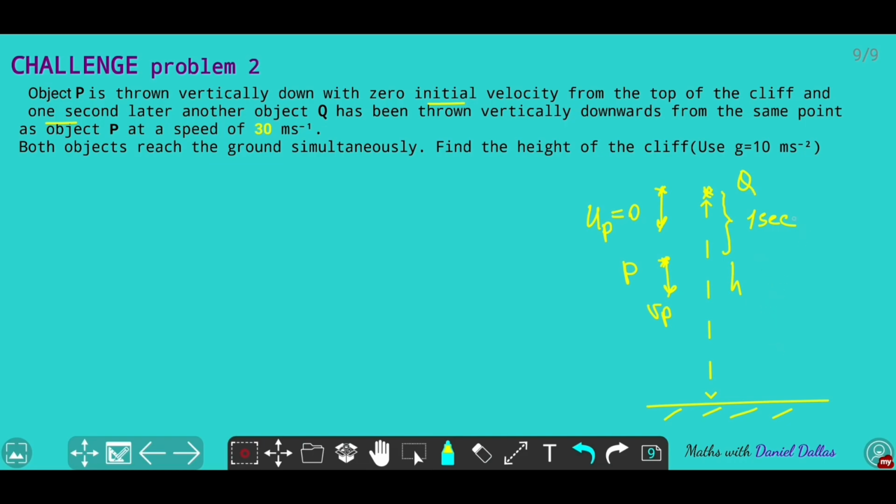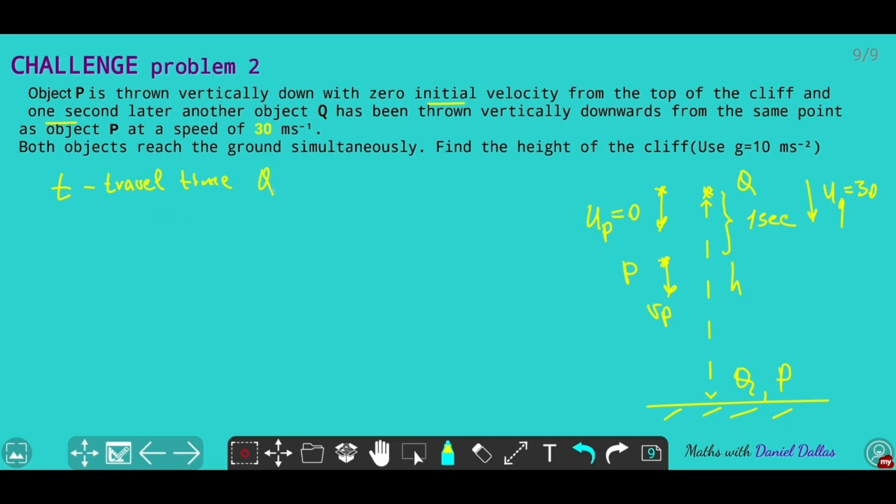And if we mark the initial velocity for Q, which was 30, and the total travel time for Q as t, so let t be the total travel time between the instant when object Q was thrown and when both P and Q reach the ground, okay? So t is going to be the travel time for Q.